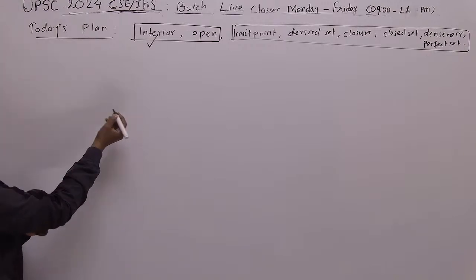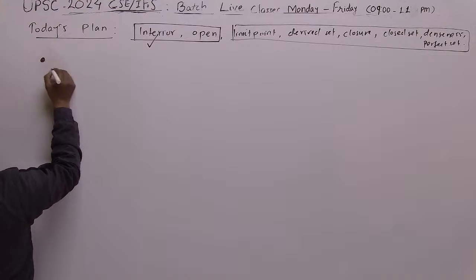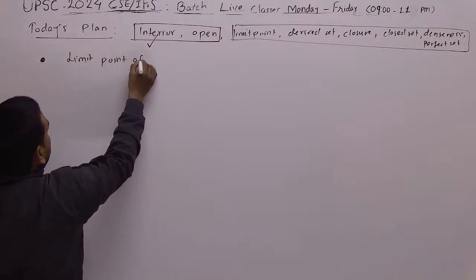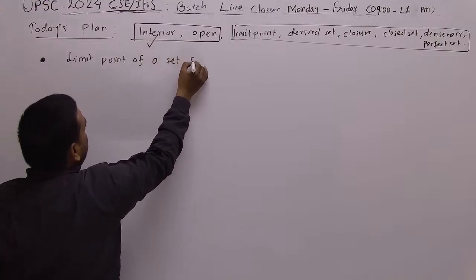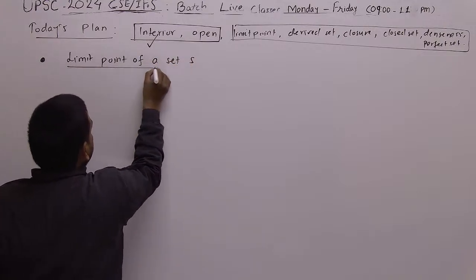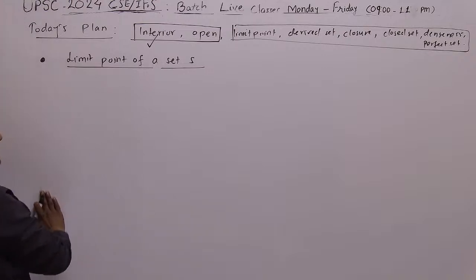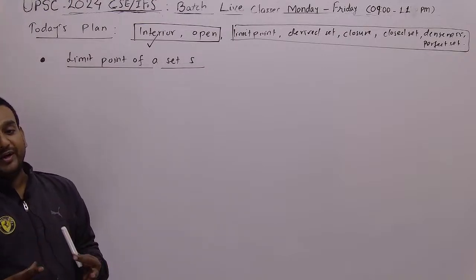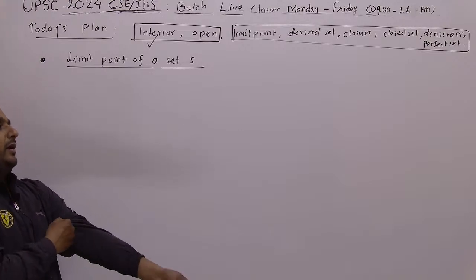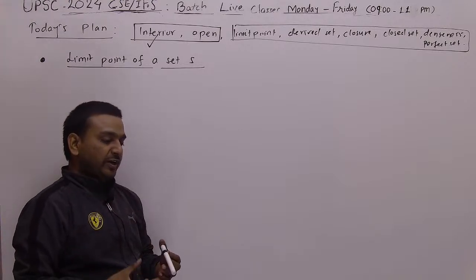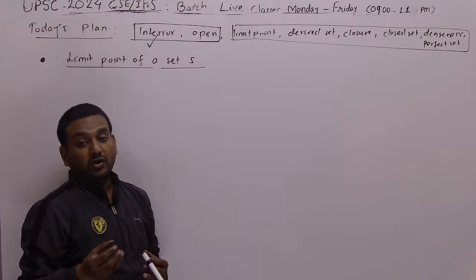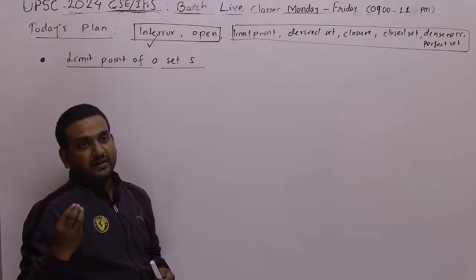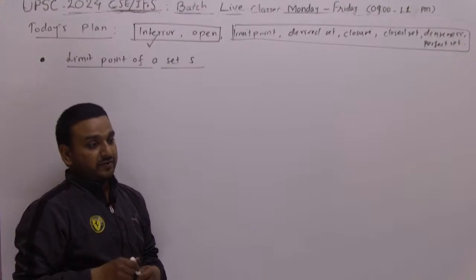Okay, dears. So write the point: limit point of a set S. Here I would like to tell you one thing. Whatever things we are going to discuss now are with respect to the set of real numbers with the usual metric, that is d(x,y) equals modulus of x minus y.